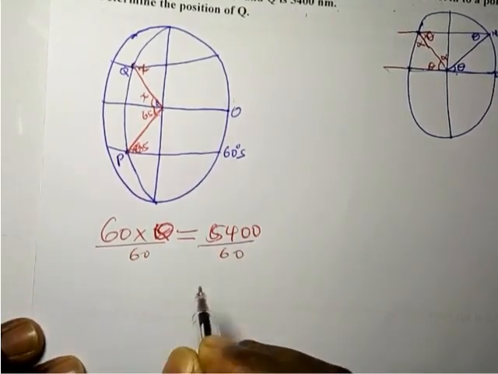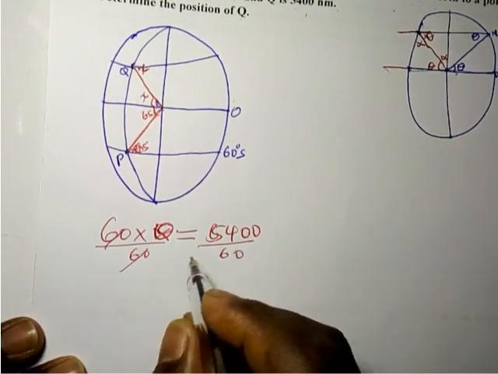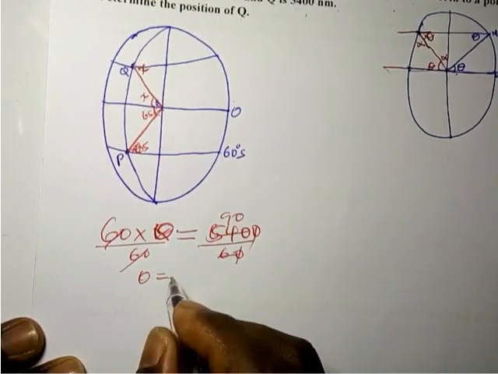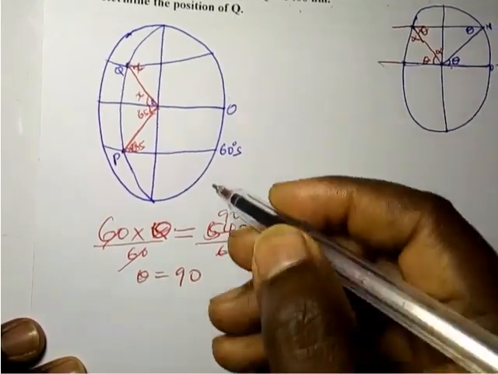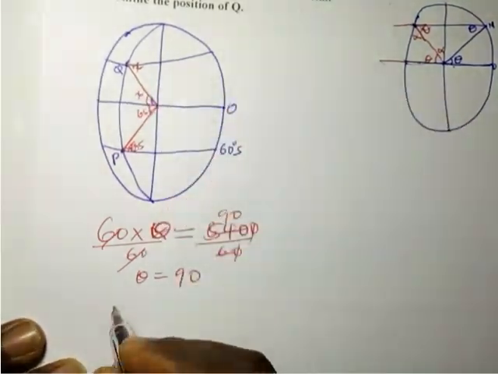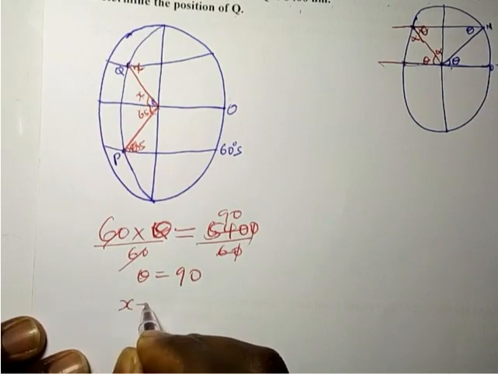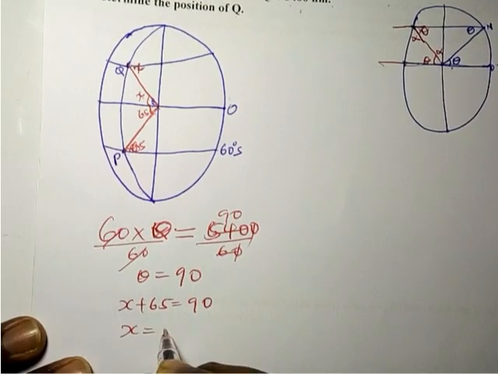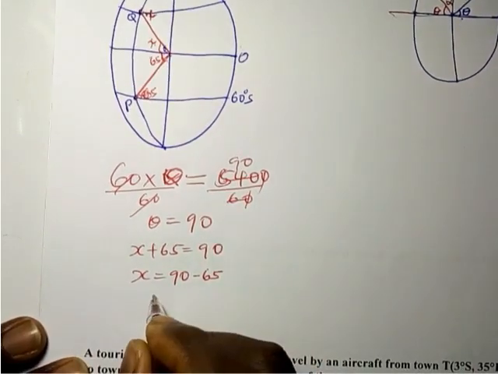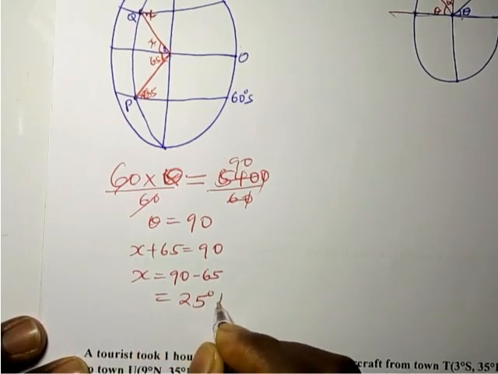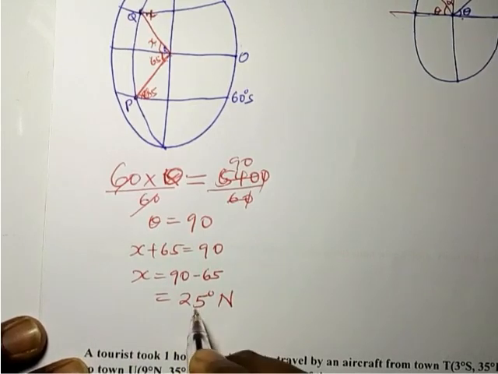So theta is going to be 90. So the angle difference theta is 90. But from here up to here, we know is 65. What will it be? X. So x plus 65 is 90. Therefore, x is equal to 90 minus 65, and this will give us 25 degrees north. So Q is 25 degrees north.